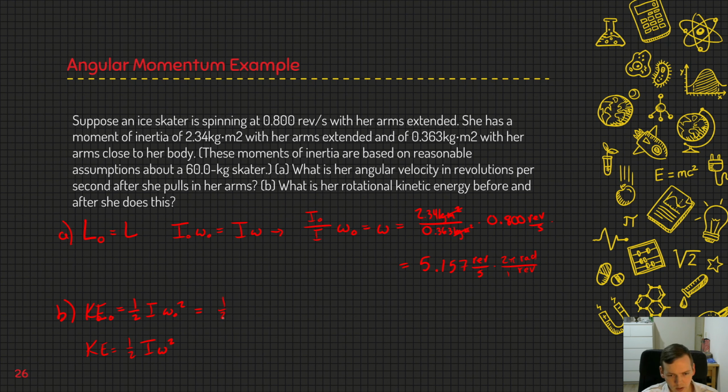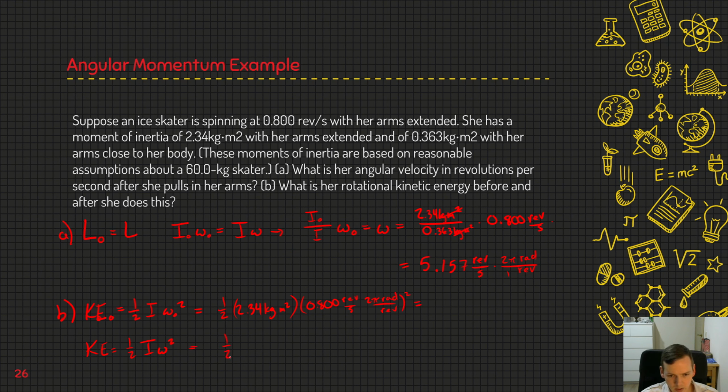So this will be 1/2 I initial, which is 2.34 kilogram meters squared, times omega squared, which is 0.800 revolutions per second times 2 pi radians per revolution, squared.